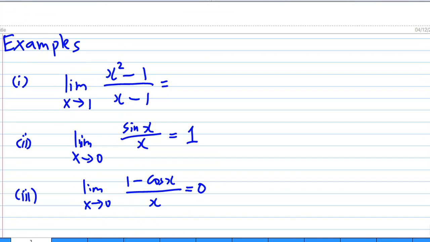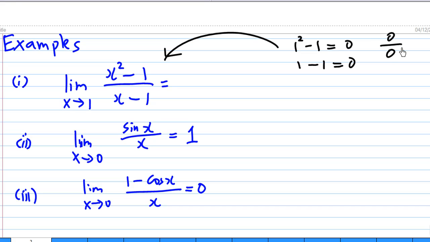What are the examples where you encounter this indeterminate form? Example: (x squared minus 1) over (x minus 1), with x approaching 1. If you look at 1 squared minus 1, you get 0, and 1 minus 1 is also 0. So this actually gives you a 0 over 0 form.